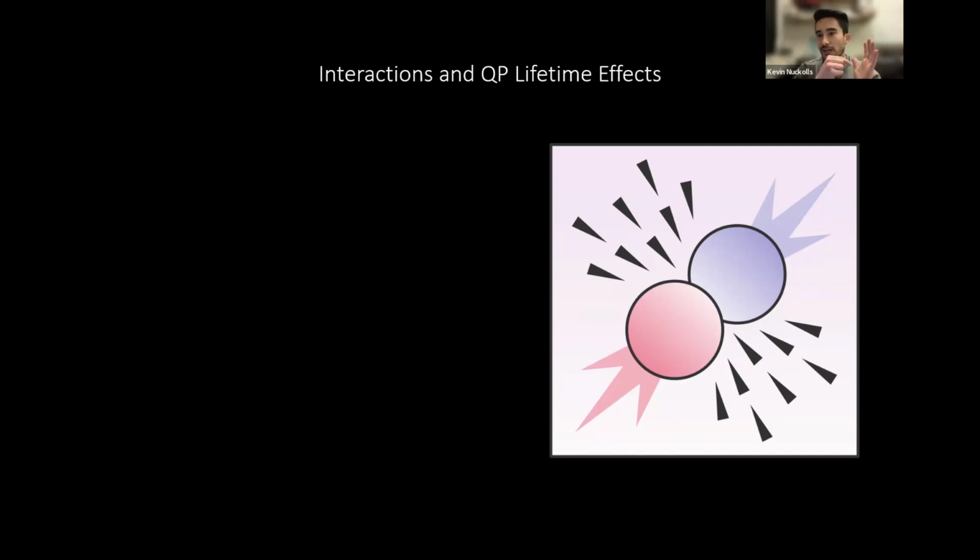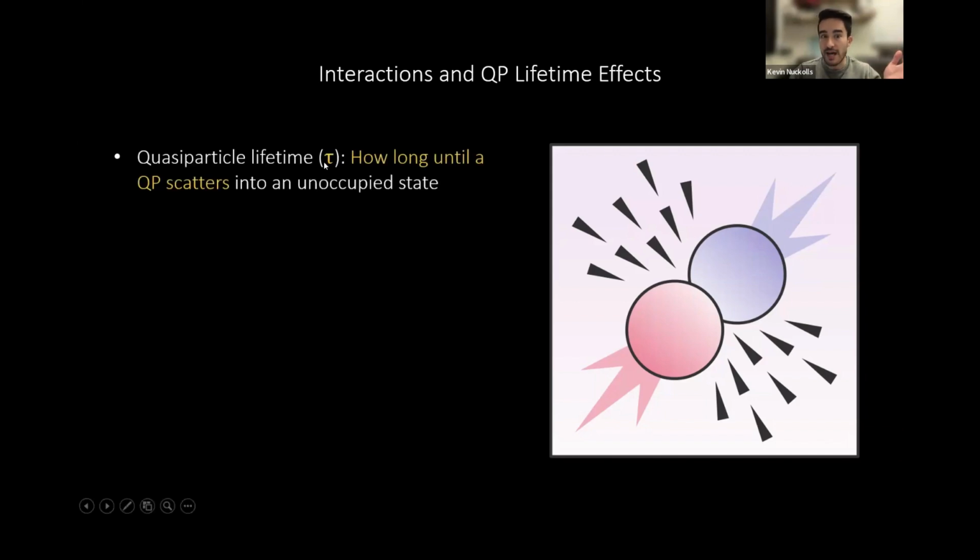If I'm measuring a real material in spectroscopy, then I'm trying to measure the energy of a quasi-particle that is strongly interacting with the Fermi sea of electrons from which it came. A really common metric that people use to quantify these interactions is the quasi-particle lifetime tau, which gives me a sense of about how long it will be until this quasi-particle scatters into a new unoccupied state.